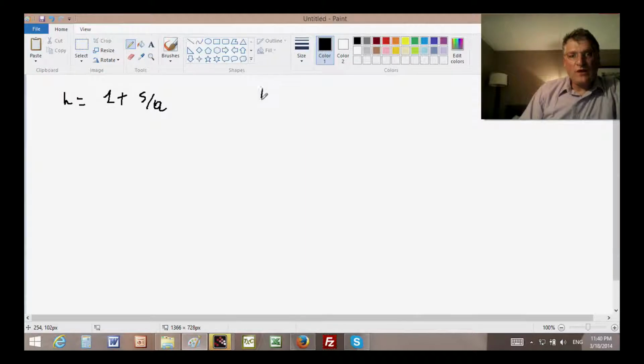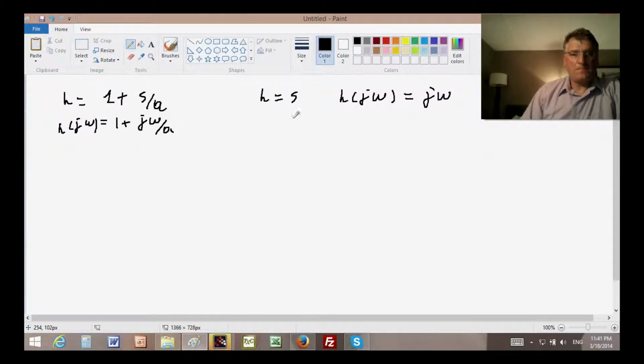Or H is equal to s. So H of j omega, when H is equal to s, is just j omega. When H is equal to 1 plus s over a, H of j omega is equal to 1 plus j omega over a.